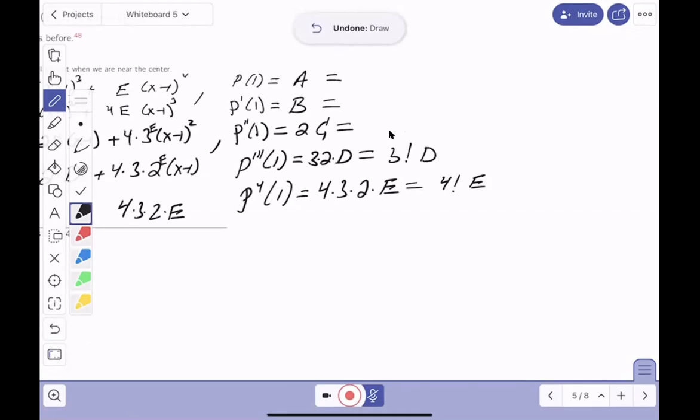That's d. Sorry about that. 2 factorial c. This would be 1 factorial b, and that would be 0 factorial a.